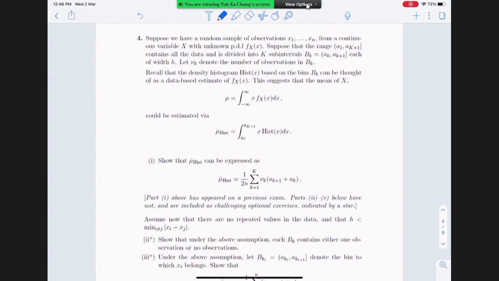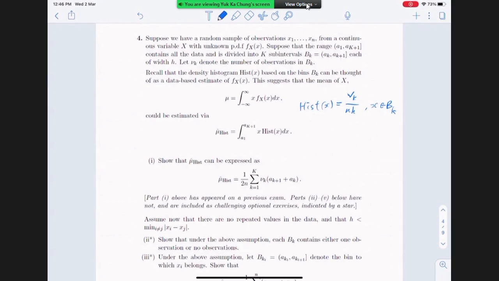Now part 1 here is asking us to show that this integral is actually equal to this. Now what should we start with? We know that the histogram of x is equal to Vk divided by NH, for x falling within the corresponding class.